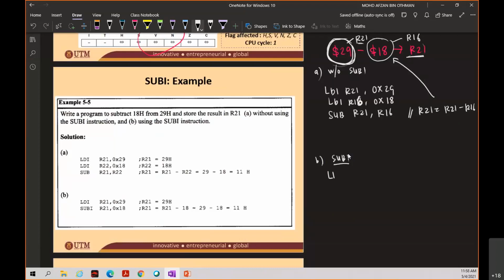So LDI R21 with 0x29. And then SUBI R21 with what value? 0x18. So what happened here? R21 equals R21 minus 18. So this is for the SUBI instruction.